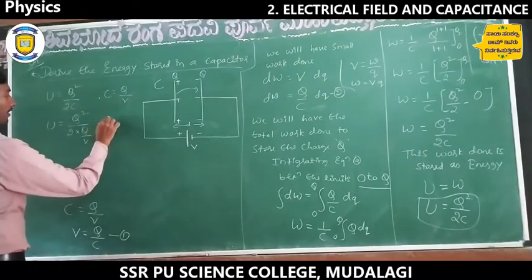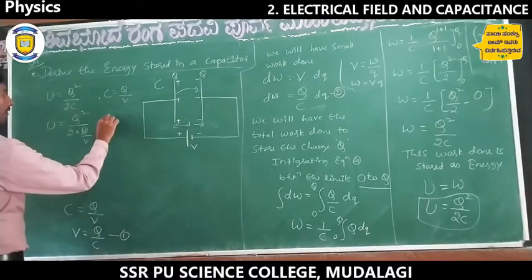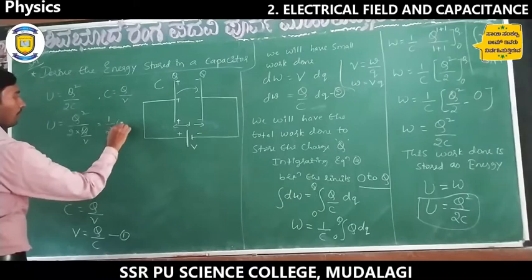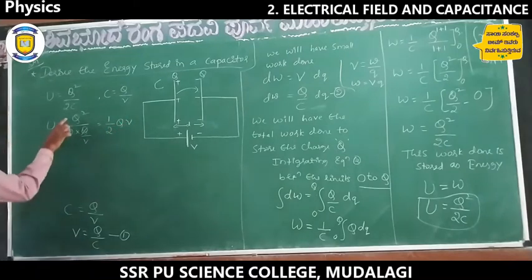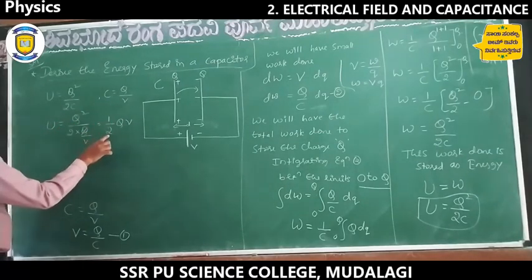So here one Q cancels. Next V comes on top, that is 1 by 2 into Q into V. So 1 by 2 remains. One Q cancels, one Q remains. V is taken to be in the numerator, that is 1 by 2 into QV.